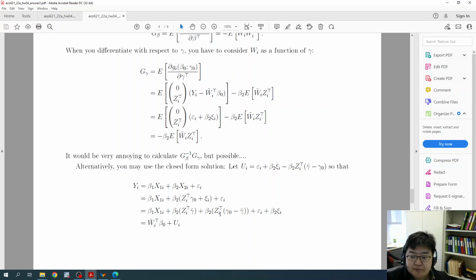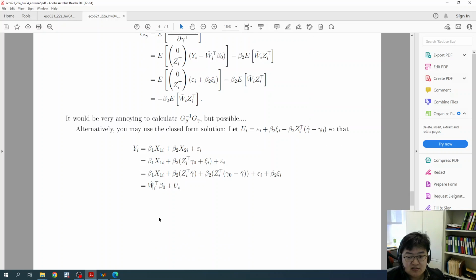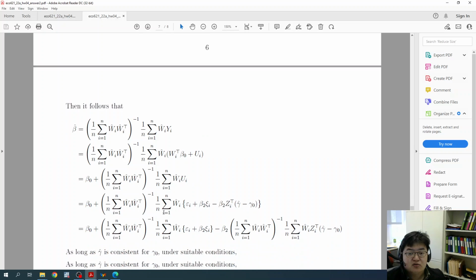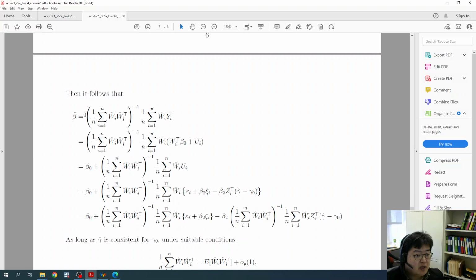And then you can write it as W hat. So then we are going to use this to derive. It's complicated, not too complicated. So follow the same rule, it's like OLS. This is OLS.